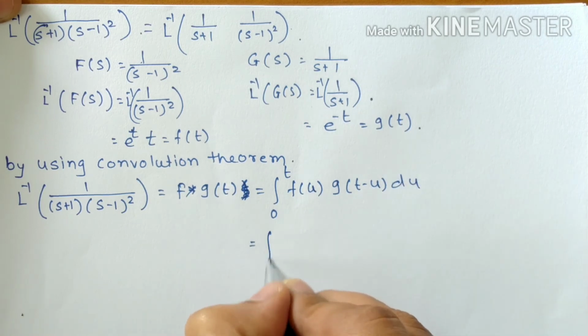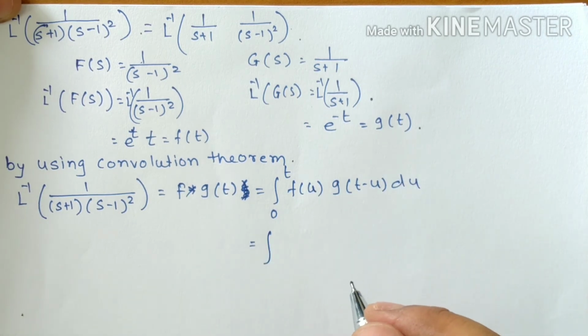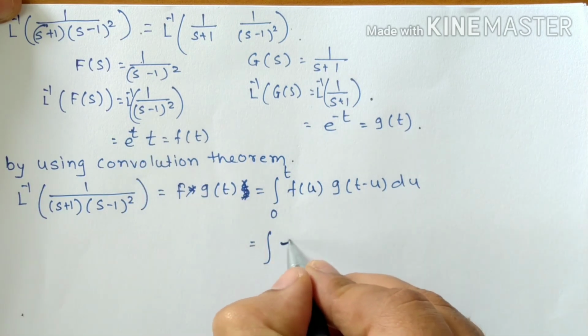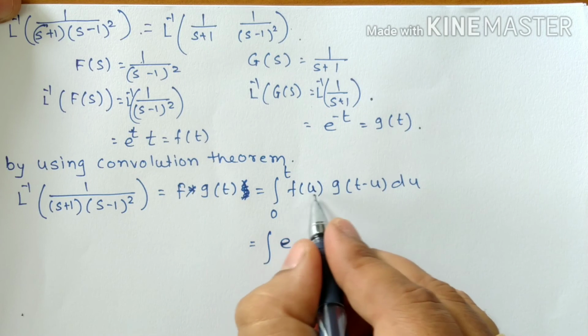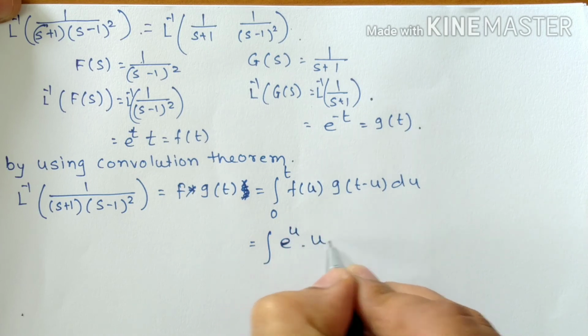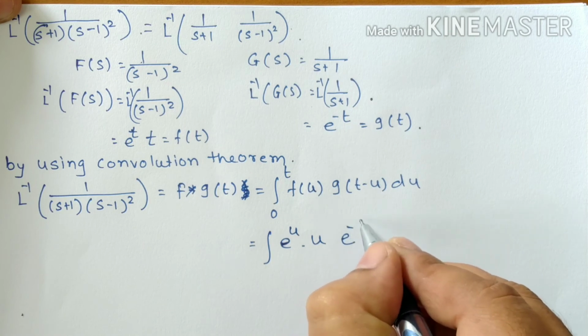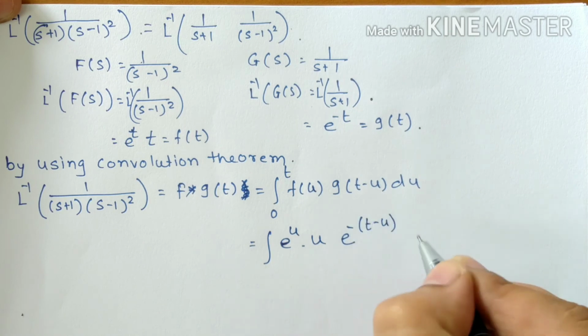Now the question comes, what is my f of u here? What is f of t? e raised to t into t, so that becomes my f of u, e raised to u into u, and this will be replaced by e raised to minus bracket t minus u du.